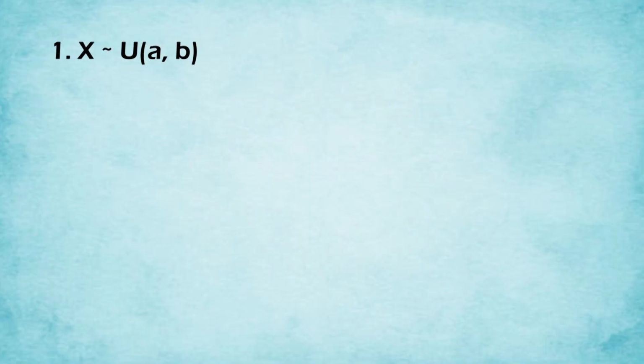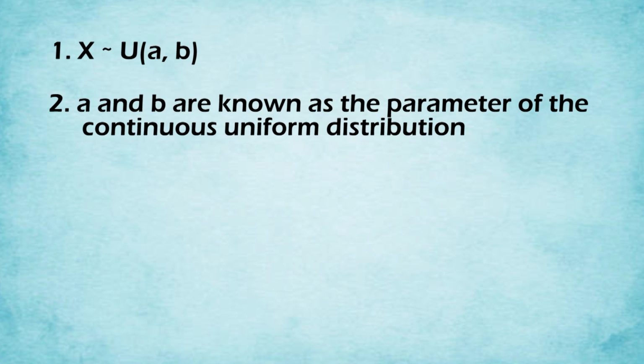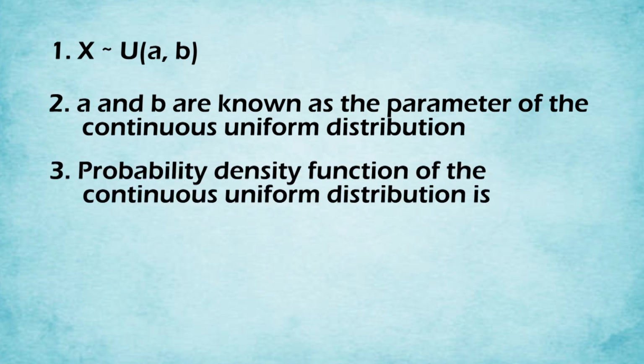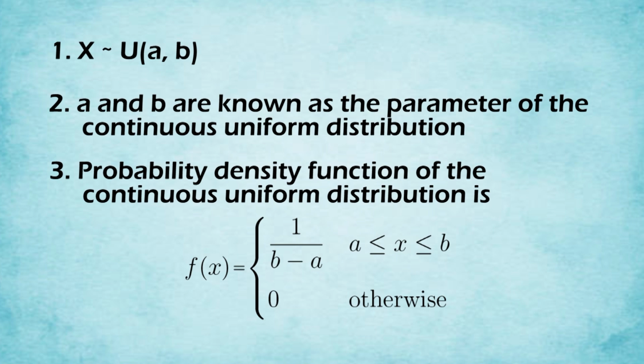Using notation, the continuous uniform distribution is identified as x follows uniform distribution (a, b). The continuous uniform distribution has two parameters a and b. For a continuous uniform distribution, the PDF is f(x) = 1/(b − a) for a ≤ x ≤ b, 0 otherwise.